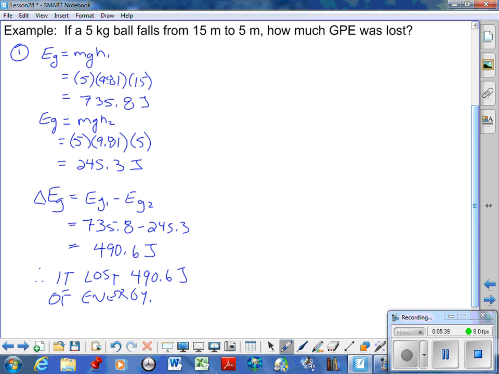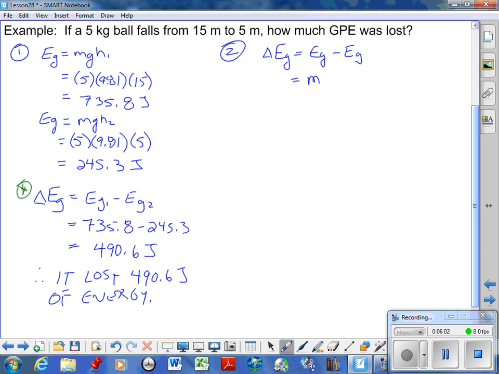Now some of you will be asking, is there a shortcut? Because I have method number 1 up there. The answer is absolutely. If we're talking about an elevation change, I'm going to take the formula for delta energy change. If we're talking about a gravitational energy change between height 1 and height 2, let's expand this out and take a look.